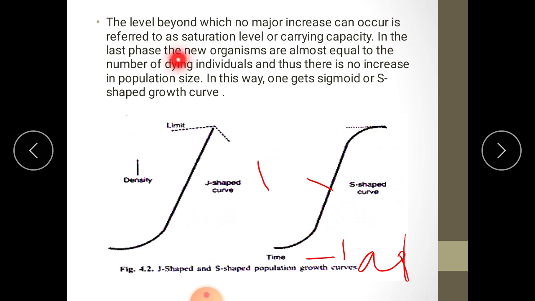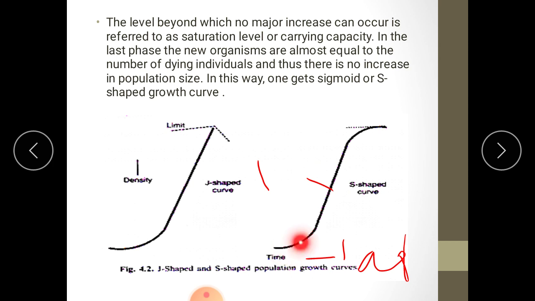In the last phase, the number of new organisms is almost equal to the number of dying individuals, and thus there is no increase in population size. In this way, one gets a sigmoid or S-shaped growth curve.